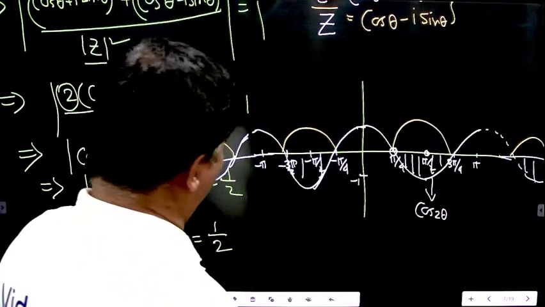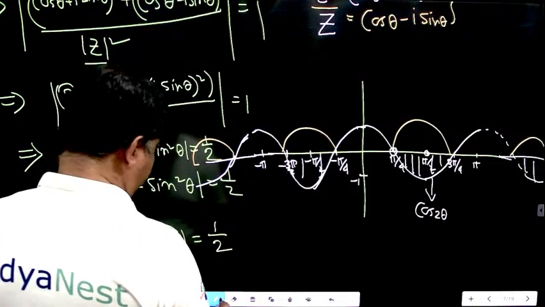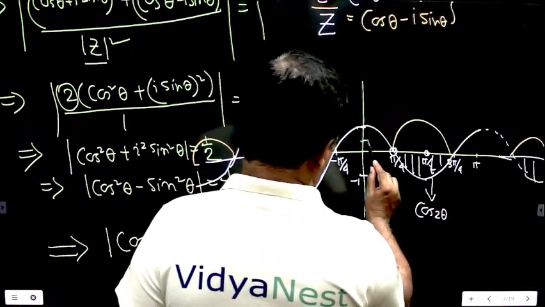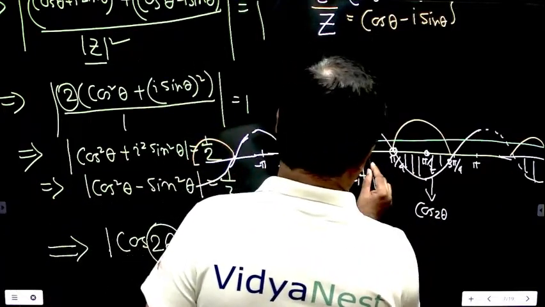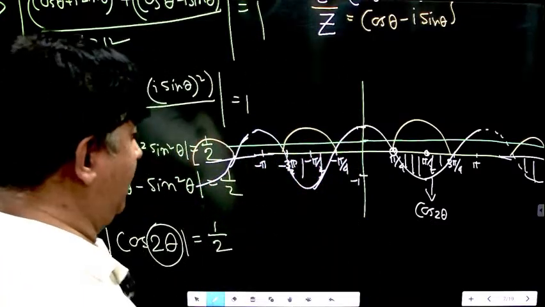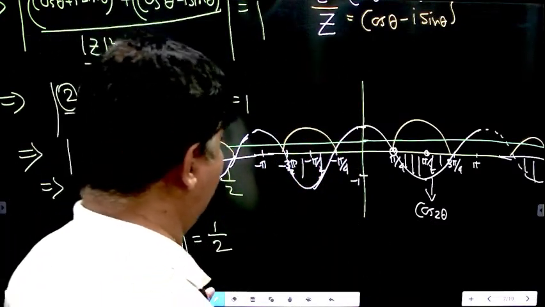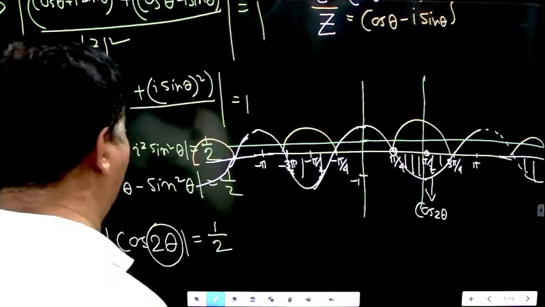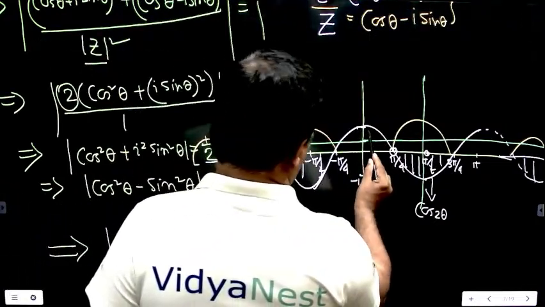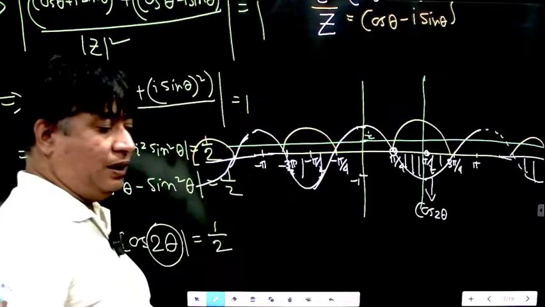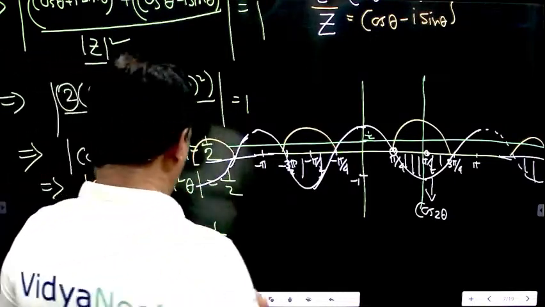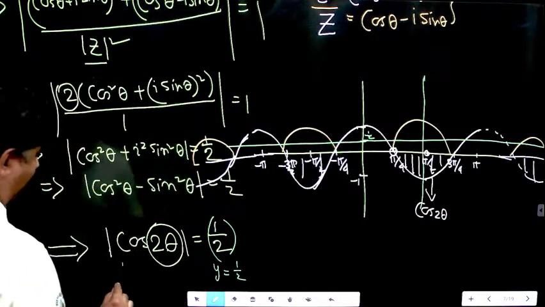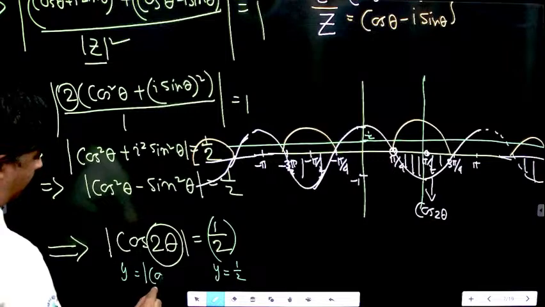That is equal to half. This is 1. You see in the principal value, on the right hand side, this is half. In how many points does this line y is equal to half cut the curve y is equal to mod cos 2 theta?